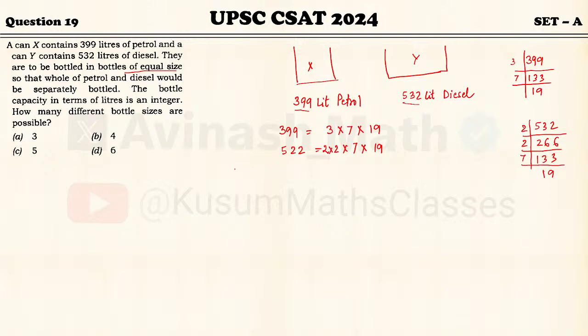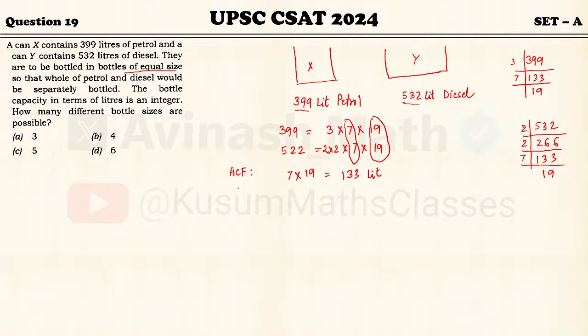So what is HCF? In this case, 19 is common, 7 is common. So HCF is 7 multiplied by 19. It is 133 liters. So the question is asking how many bottle sizes are possible.